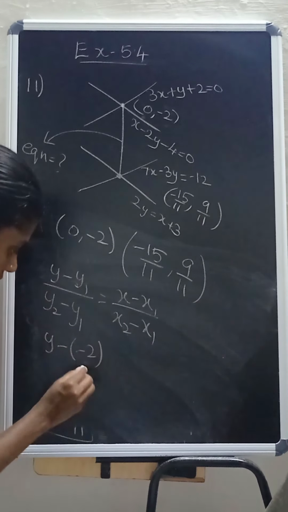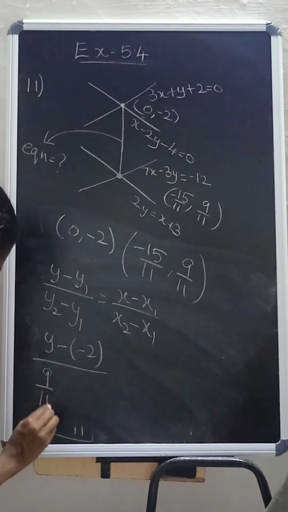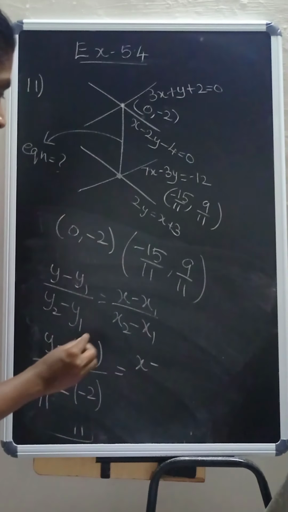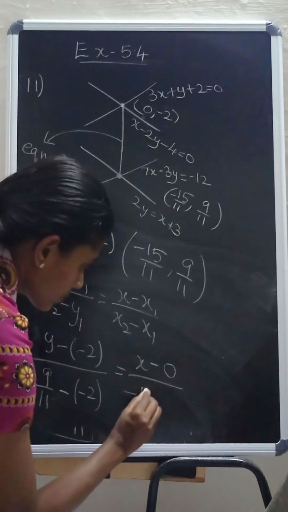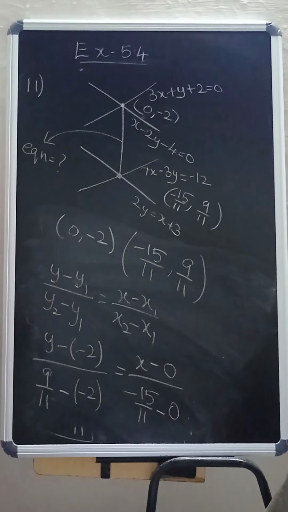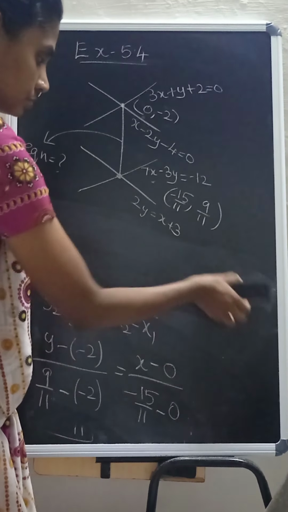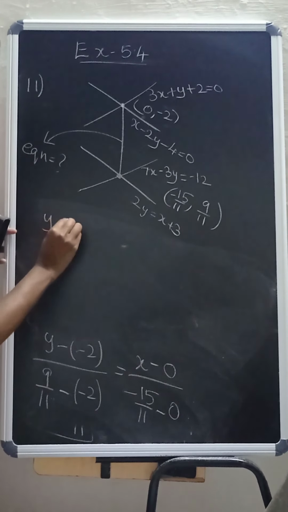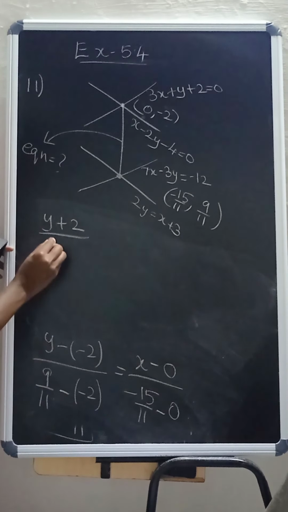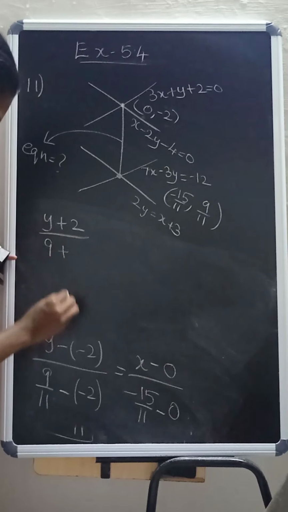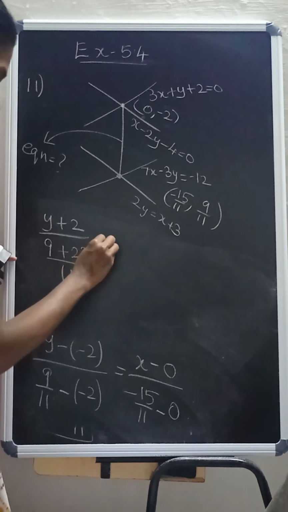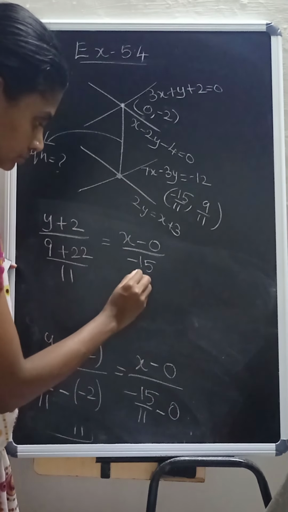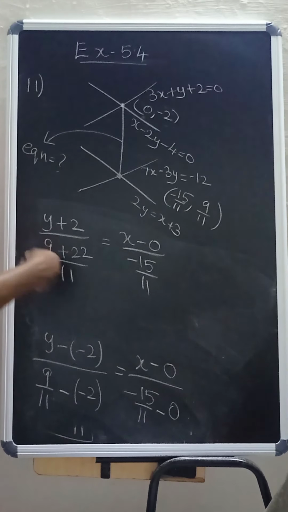Y minus 2 divided by x1 is 0. Take this 11 to the top.